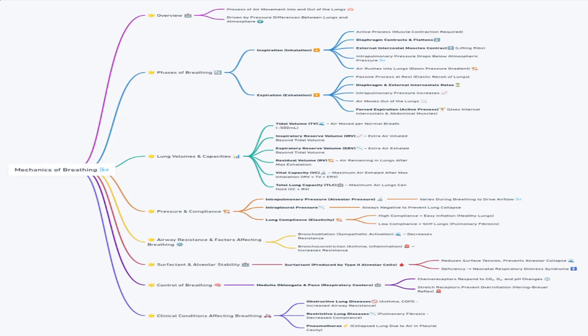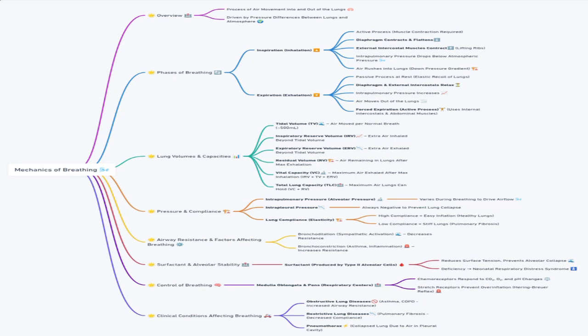In mid inspiration, alveolar pressure is -1 and intrapleural pressure is -7, so transpulmonary pressure will be -1 minus -7, which is +6. At the end of inspiration or the start of expiration, alveolar pressure is 0 and intrapleural pressure is -8, so transpulmonary pressure will be 0 minus -8, which is +8.